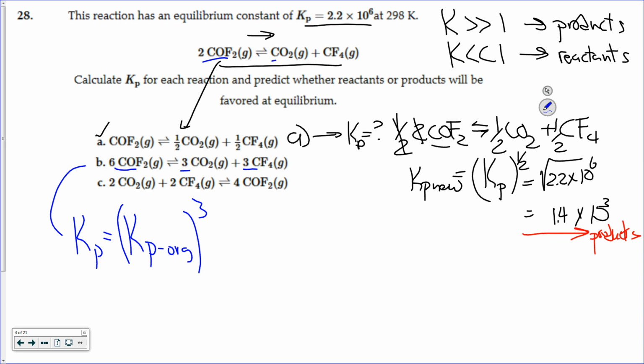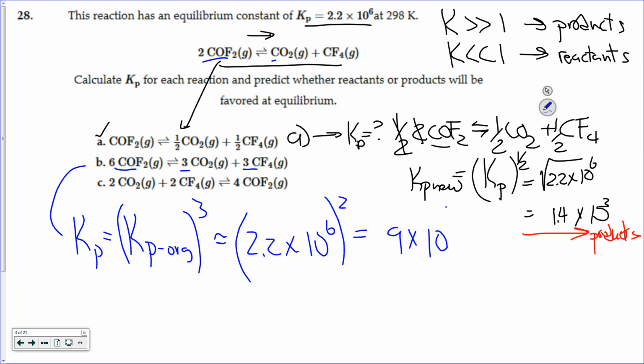So it would be something to the 18th. It would be 2.2 times 10 to the 6th, cubed, so somewhere around 9 times 10 to the 18th, whatever the math comes out to. And in a similar fashion, it's going to highly favor products in the forward direction.